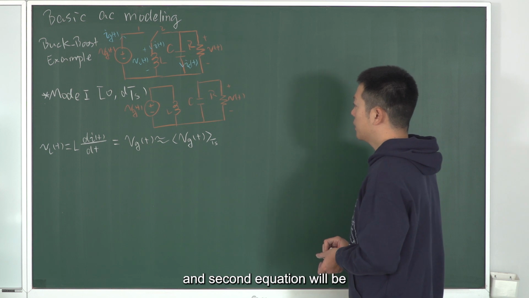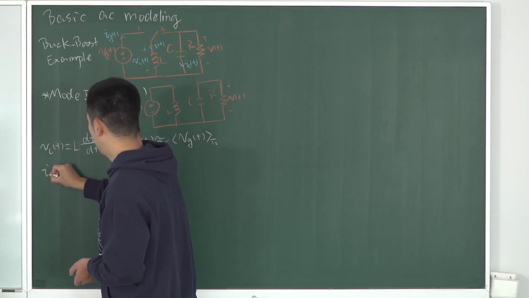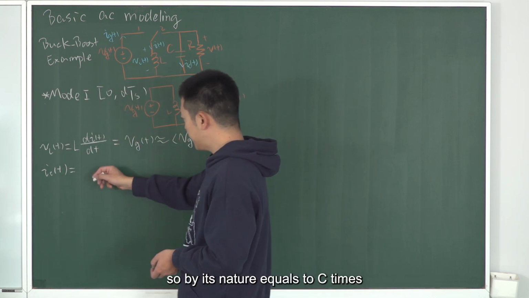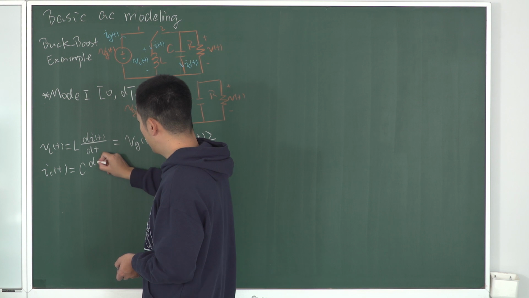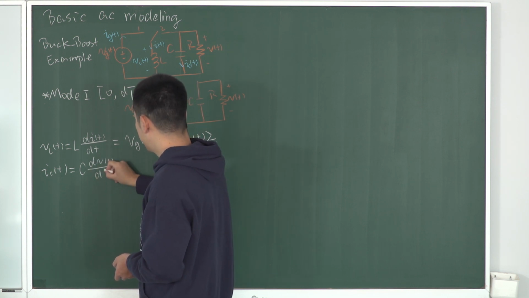The second equation will be the capacitor current. By its nature, it equals C times dv over dt.